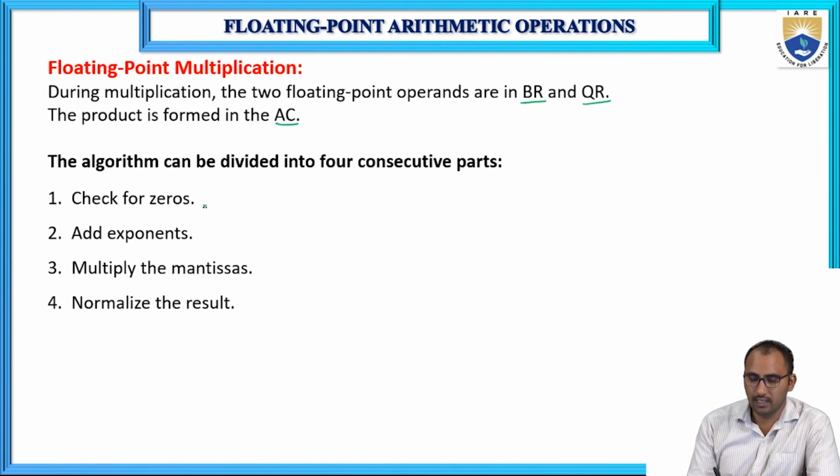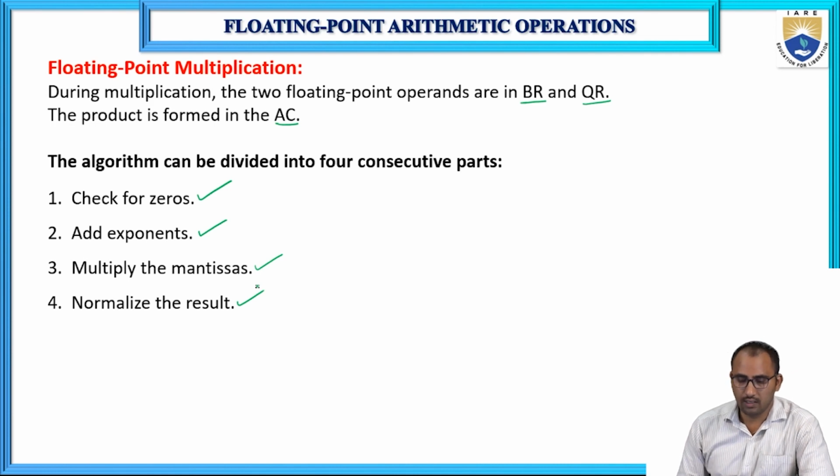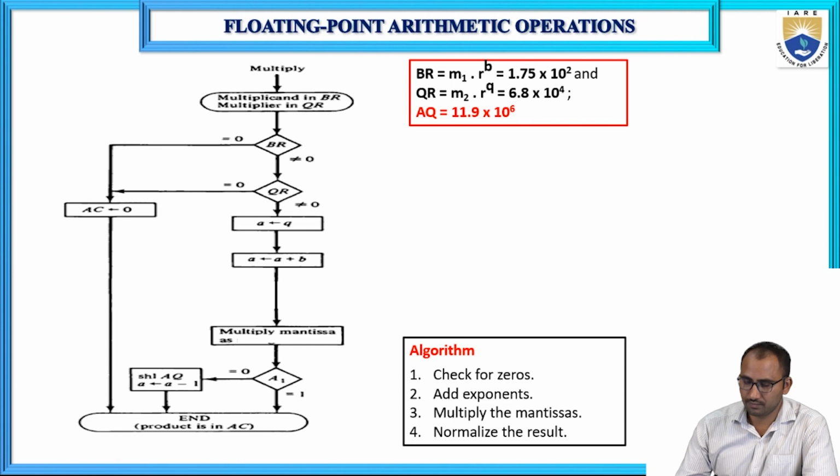The first is a check for zeros, then add exponents, then multiply the mantissas, and the last one is to normalize the result. So this is the algorithm of floating point multiplication.